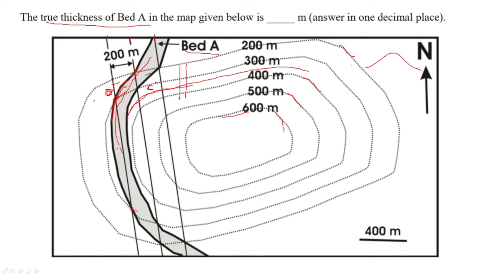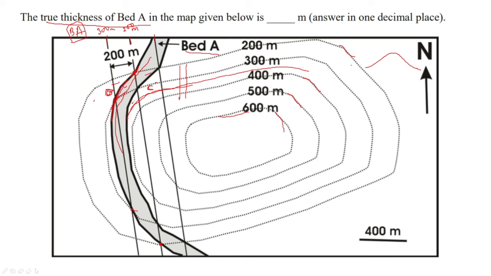We join these 2 points to get a stratum contour of 300 meter elevation for B and A contact. Now look here that the bedding plane is cutting a 200 meter elevation contour at this point also. So we join these 2 points to get a stratum contour of 200 meters for B and A contact.